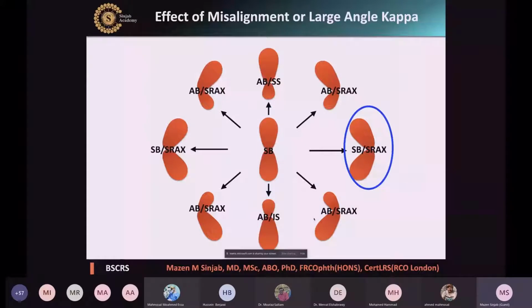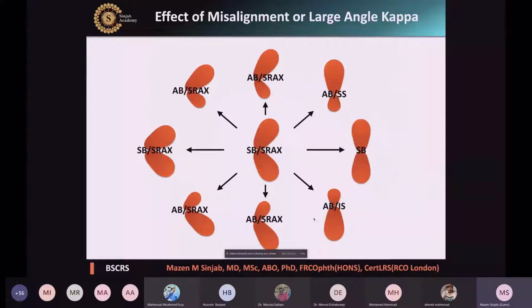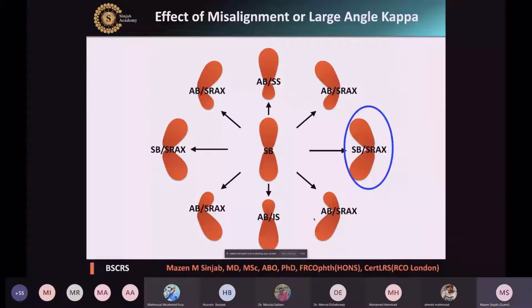Then the symmetric bow tie will show skewed radial axis. Of course, in the previous slide, we call this false positive. So the patient doesn't have actual skewed radial axis, but because of misalignment or large angle kappa, the patient may show false positive.